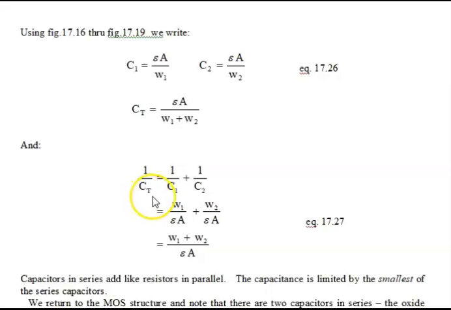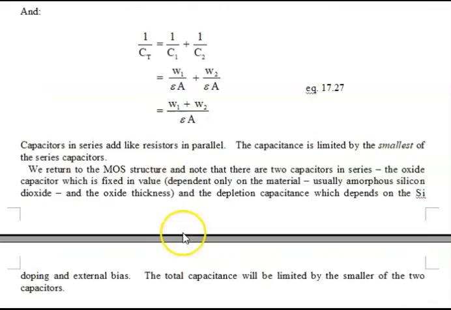So we see, and this is really the critical part of this, that the capacitance is dominated by the larger W. The larger W is, that's the bigger total capacitance. And that adds, capacitors in series add just like resistors in parallel. Resistors in parallel, the resistance is dominated by the larger of the two resistors. Is that true? Larger or smaller?